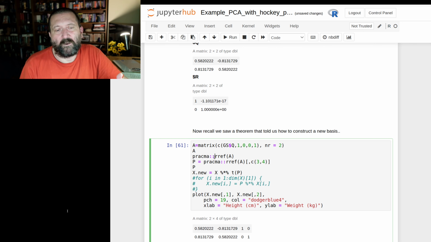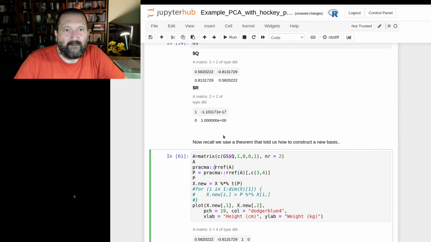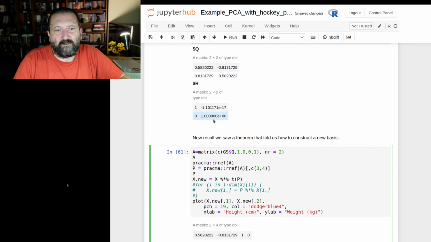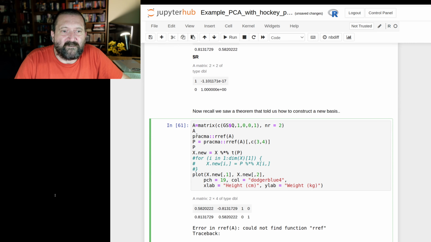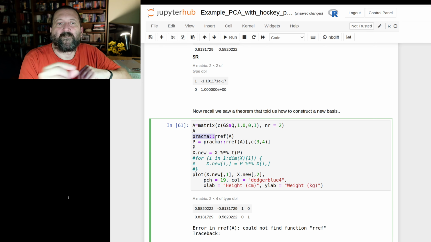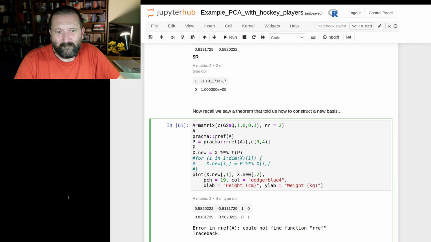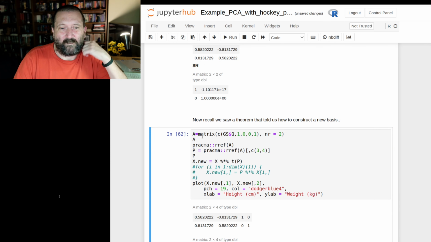But here, I'm not interested in loading the entire library. I just want to use that function and actually the Gram-Schmidt function. And so what I can do is I can say pracma like this. And this simply means use that function in pracma. But because I haven't loaded the library yet, that's why we get the problem.